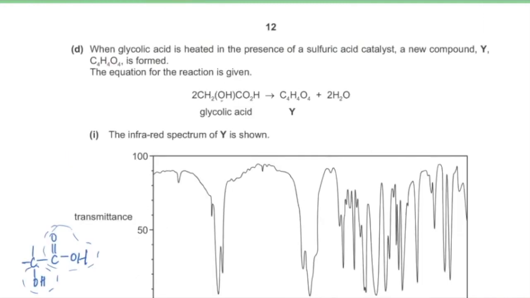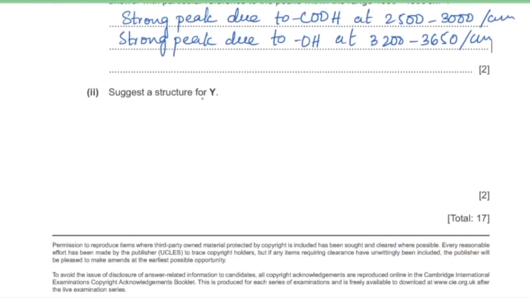And as stated in the beginning of this question, we have 2 moles of glycolic acid, meaning 2 moles of this structure where we have COOH group and OH group. So 1 mole of glycolic acid has this structure, and the other mole of glycolic acid has this structure.